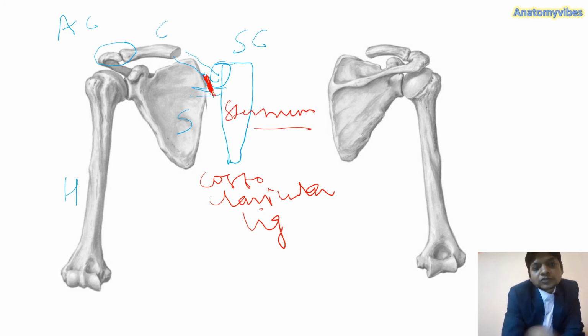Okay, so these are some of the articulation. Now one ligament will be here from coracoid process to the clavicle. There will be ligament. So this ligament will be coracoclavicular ligament.